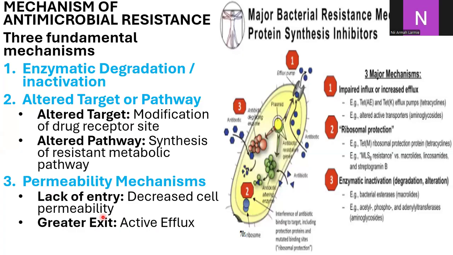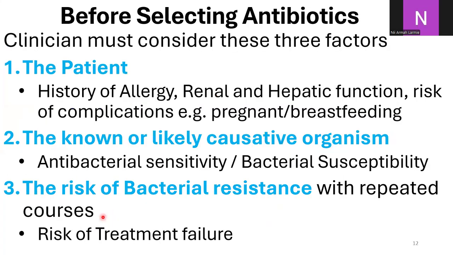So in the face of resistance, we say that 3 very important things must be considered by the clinician before selecting an antibiotic. First, we want to select antibiotics based on the individual patient. There are patients that are allergic to some antibiotics. There are patients that have complications with their kidney, their renal system.